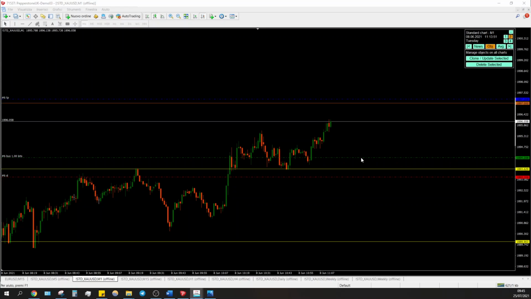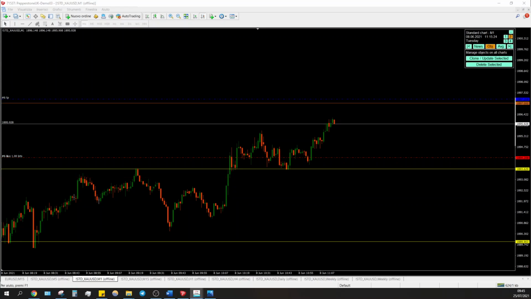We are 20 pips in profit with 10 pips risk, so it's a 2 to 1. So go break even. Close partials. And then we move on. Okay. We close the trade since the time limit has gone.